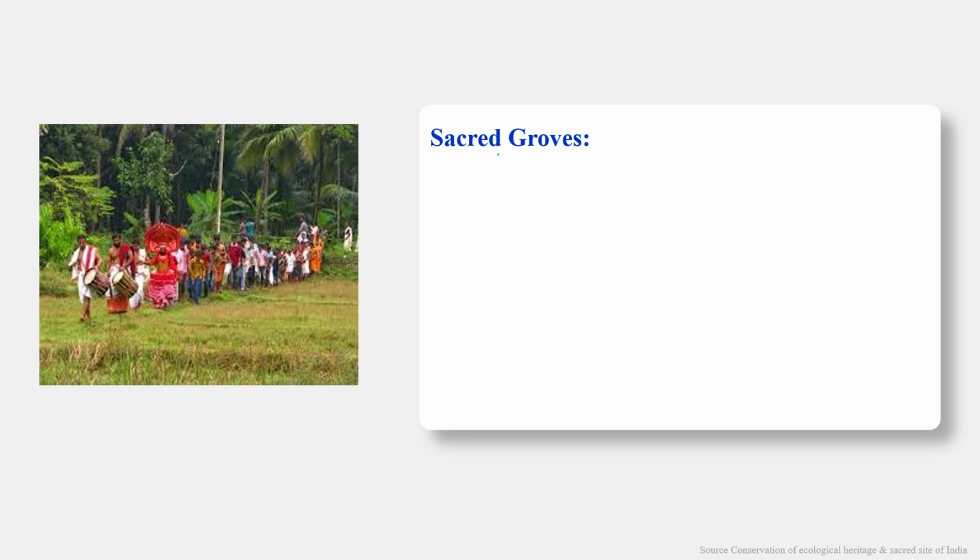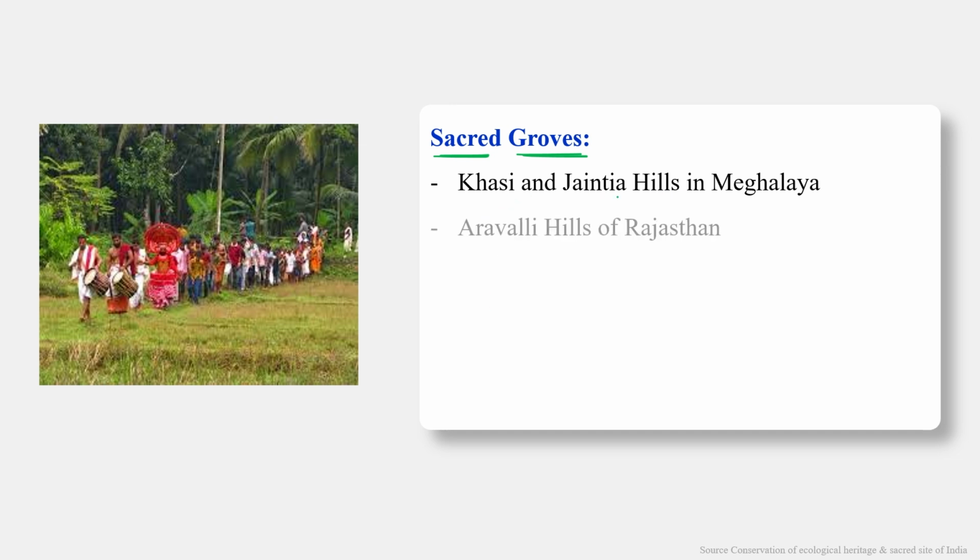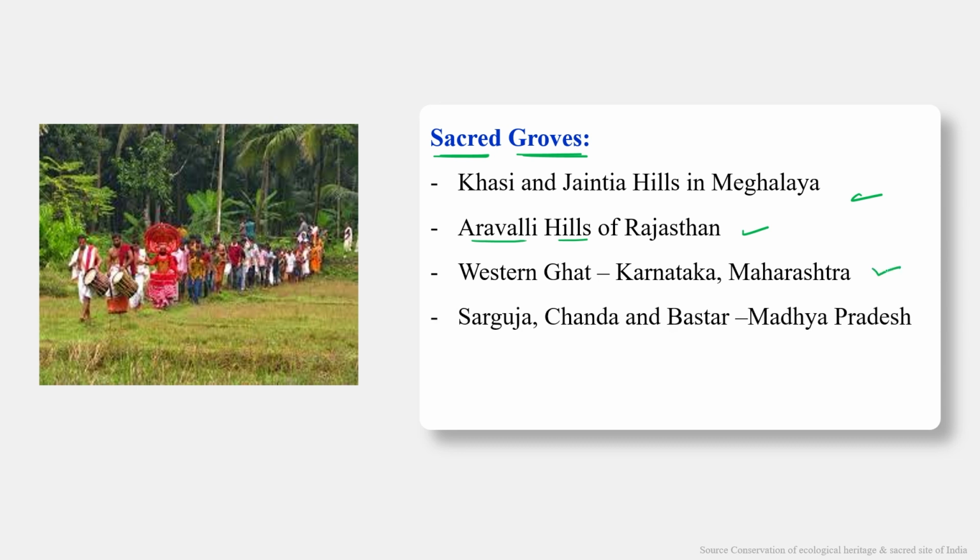There are certain sacred groves also, and some tribes which are present in various locations of India, like in Meghalaya, Khasi and Jaintia hills, Aravalli hills of Rajasthan, Western Ghats of Karnataka and Maharashtra, Sarguja, Chanda, Bastar.